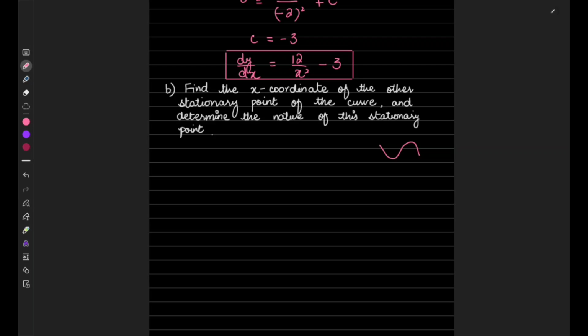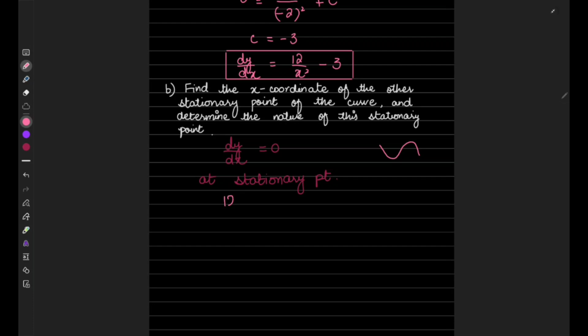Okay, how can you find the stationary point? We find a stationary point by putting dy by dx equal to 0. So at the stationary point, let's substitute that.